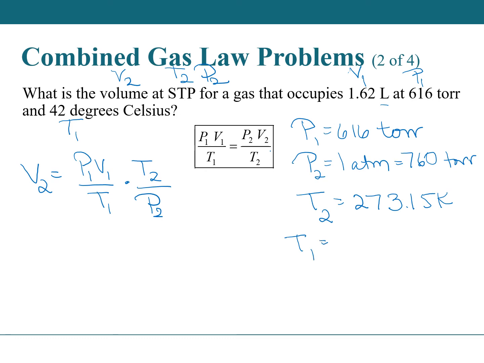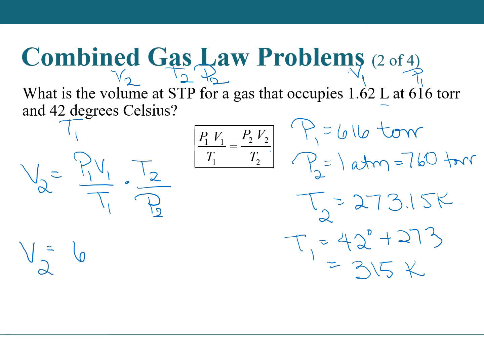And we know it's going to be 42 degrees Celsius plus 273. So in Kelvin, that gives us 315 Kelvin. So now that we have our units, we can go ahead and fill everything in.